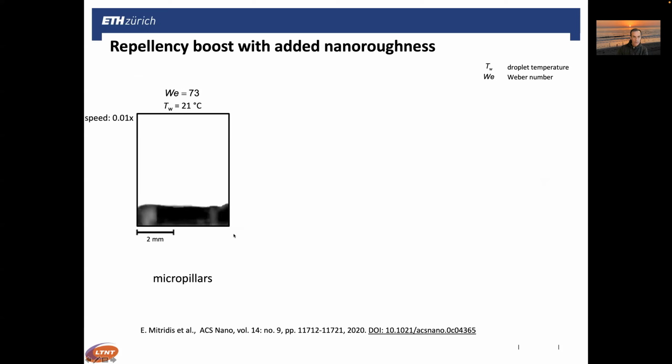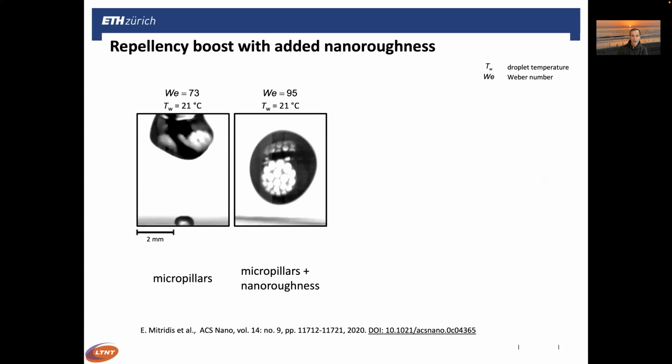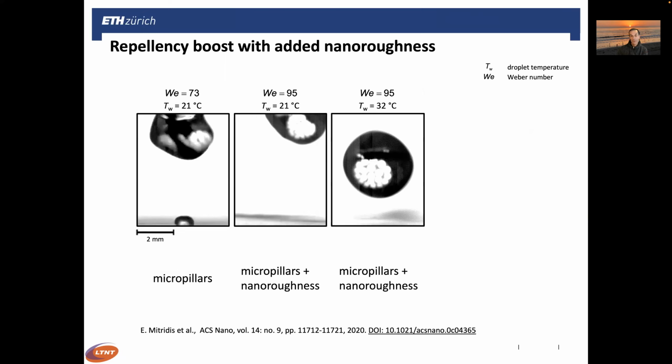Now, if you do the same thing with micropillars and a nano roughness, that is, without having activated the photothermal ability of the surface, that is, there is no light falling on the surface, or you don't have, of course, that metasurface, then you achieve the same effect for that temperature, right? So now if you increase the temperature to 32 degrees, and you have now the best you can do in terms of a superhydrophobic surface, which is micropillars with nano roughness, a hierarchical state-of-the-art surface.